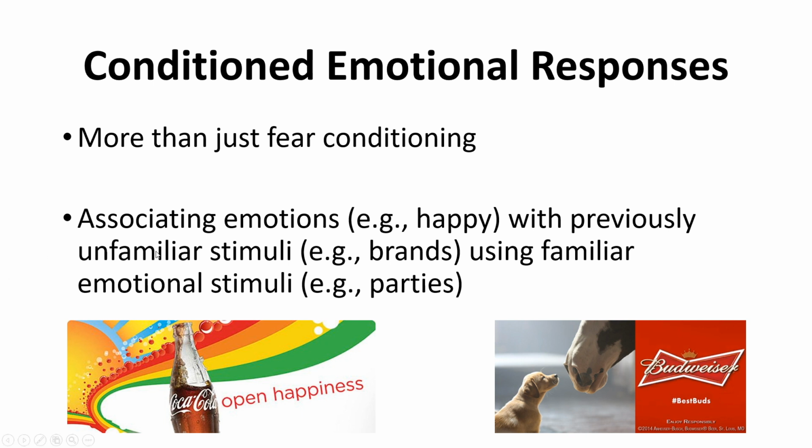Advertising uses the association of emotions, things like happiness or contentment, with previously unfamiliar stimuli, things like brands, by way of a familiar, already existing conditioned stimulus. And in this case, this existing stimulus would be an emotional stimulus, something like parties. So you associate parties with the feelings that you have when you go to a party.